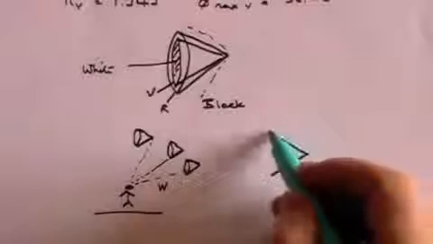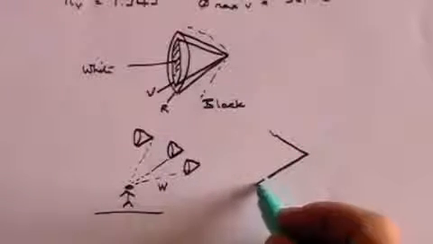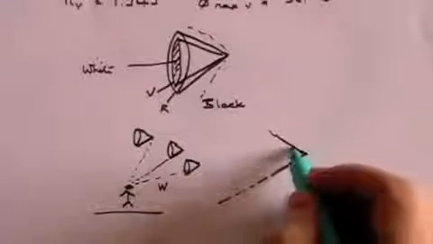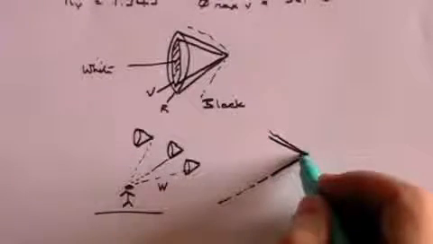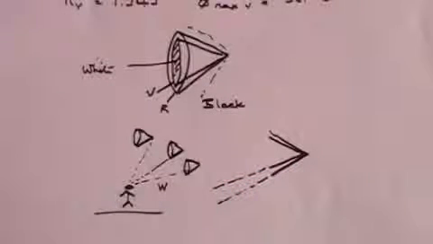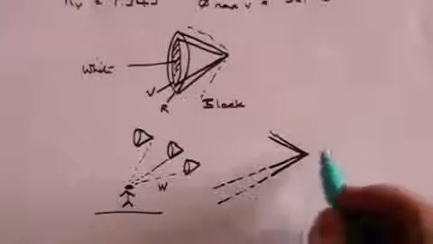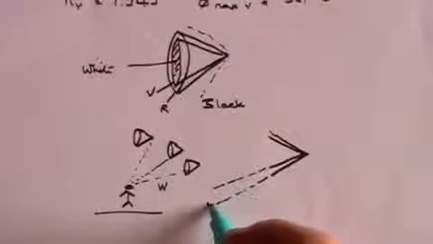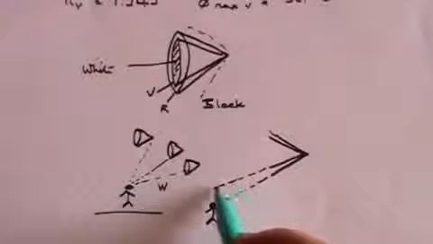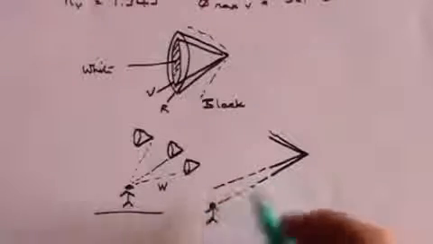That is the angle for red light. This is the angle for violet light. And I will therefore need to move that cone. If I'm seeing it here, I can't see the violet light, I can only see the red light.